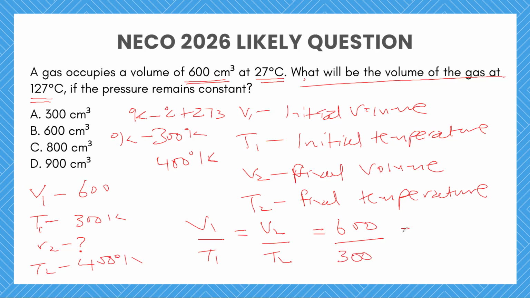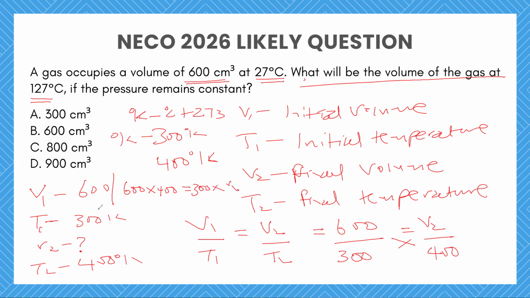This is equal to V2, which is unknown, divided by T2, which is 400. So when we cross multiply, we have 600 multiplied by 400. That will be equal to 300 times V2.